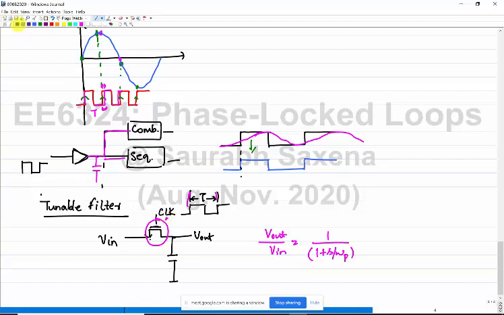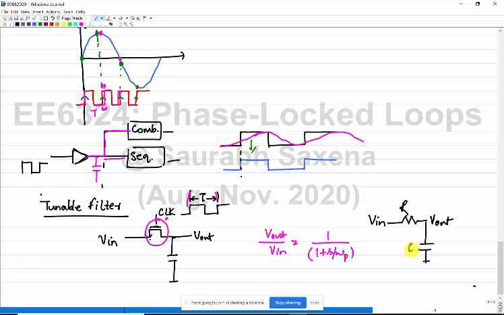If I want a simple low pass filter, I may use R and C, and you fix your R and fix your C, so your filter bandwidth will be fixed. But when we want to vary the filter bandwidth, the only way is to vary your resistor or your capacitor, and varying a resistor and capacitor is quite problematic.